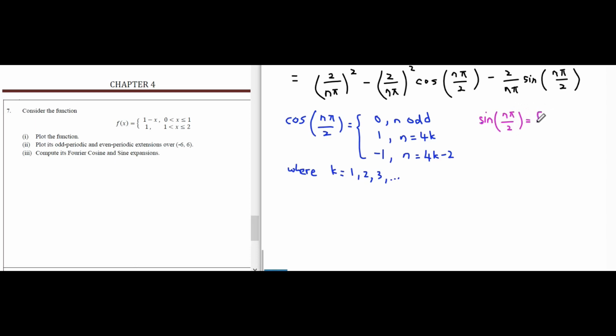So this will give the value of 0. When n is odd, there are two possibilities.